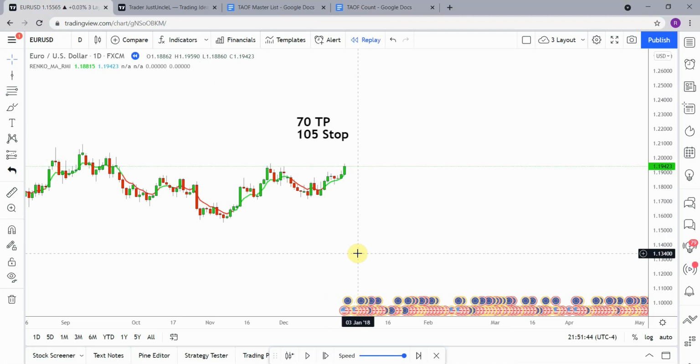So, all right, back to today's indicator. It is the Renko plus moving average plus RMI indicator, and you can see it here on screen. Now, before people jump into my comments and say what they typically say, I understand that this was intended to be tested with the Renko candles, not your standard candles.